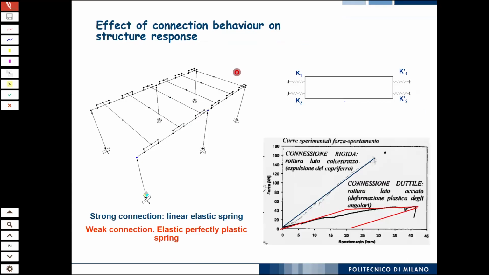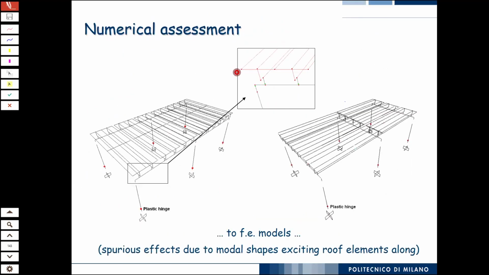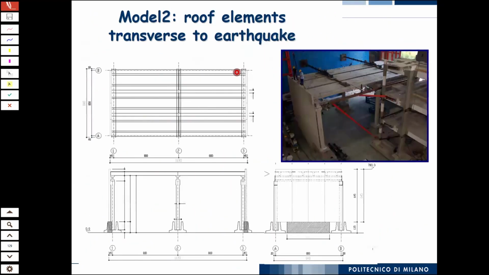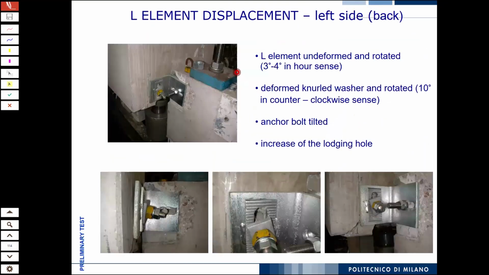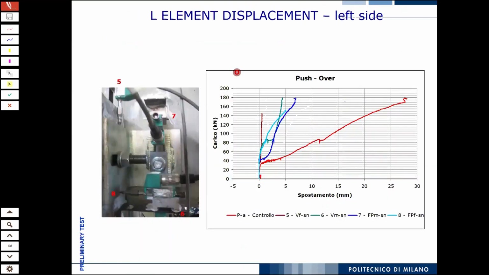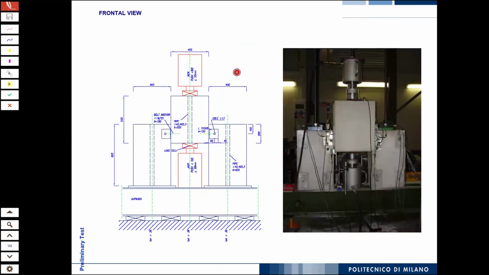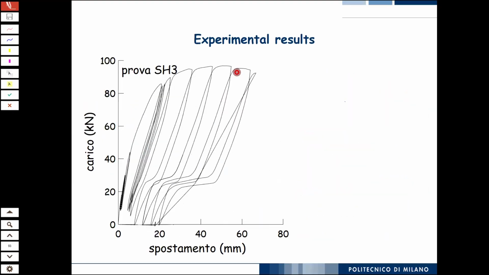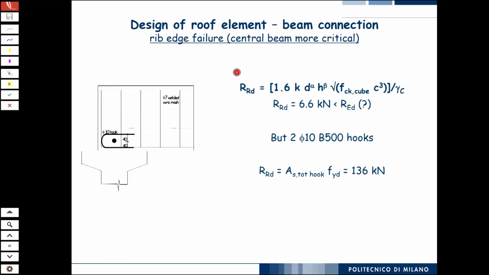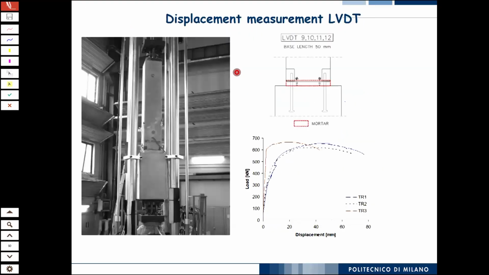One more thing before we conclude, just to finish the explanation: another example of test that we did. We wanted to test the column to foundation connection with the column shoes.